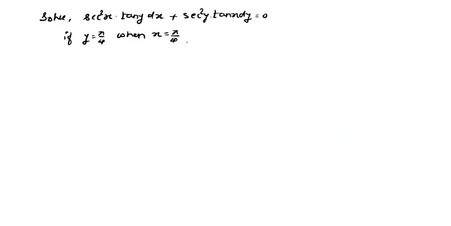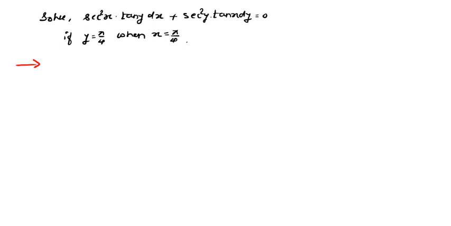Okay, next example is to solve this differential equation sec square x into tan y dx plus sec square y tan x dy. Now we will try and convert this differential equation to the standard form of variable separable form.